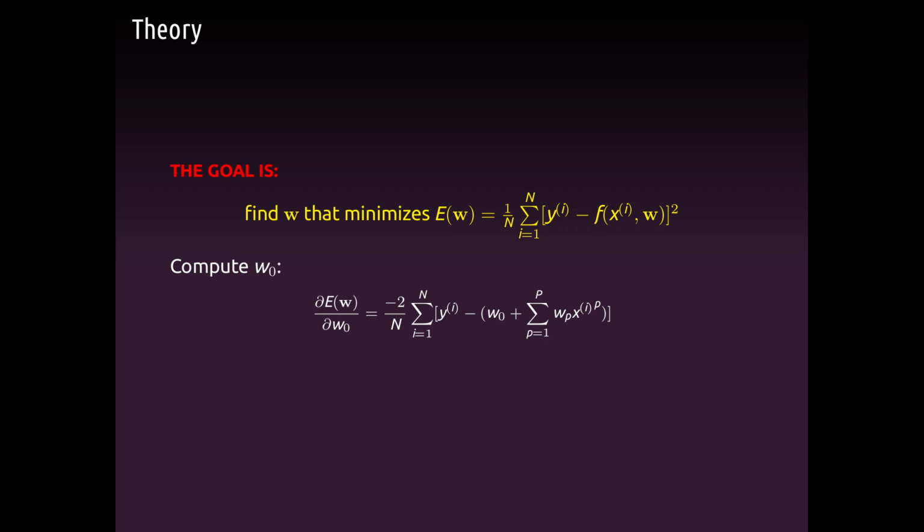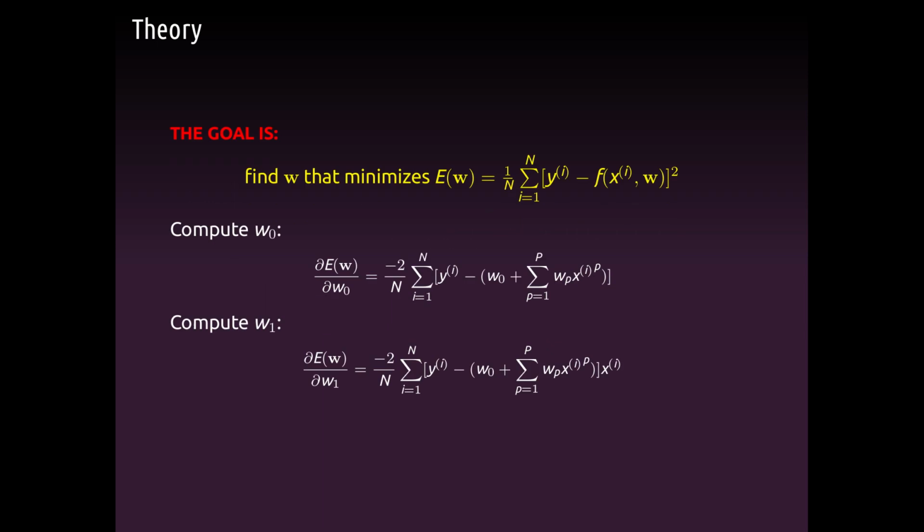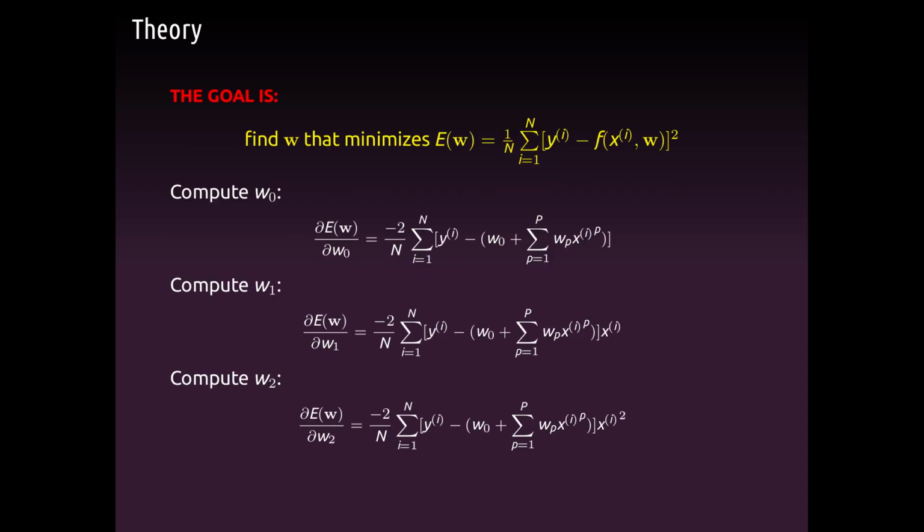So if you repeat the differentiation process in order to compute the derivative of the cost function with regard to the second coefficient w1, you will end up with the same result as the derivative of w0, but multiplied by x super i. And if you compute with regard to the third coefficient w2, you will find the same output but multiplied by x super i square.